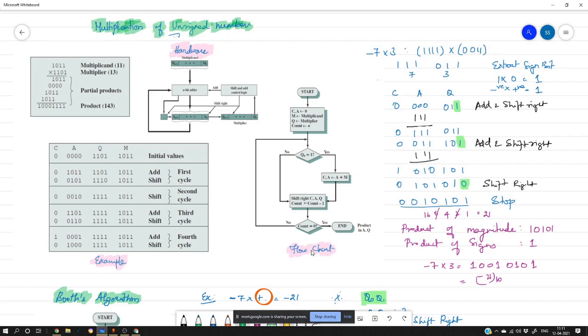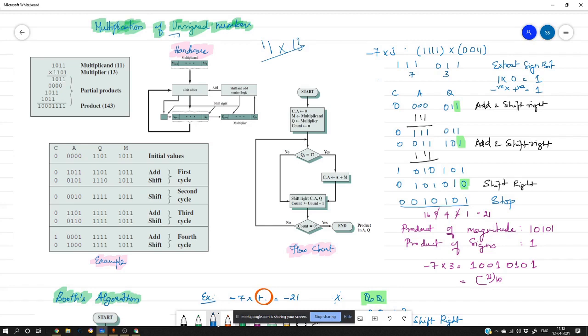You have two numbers, one called the multiplicand and the other called the multiplier. You can look into this box wherein you have the multiplication done with binary numbers. We have the multiplicand and multiplier, and in the case of decimal numbers, we take the multiplier. Here you have 3 in the lowest position, the unit place.